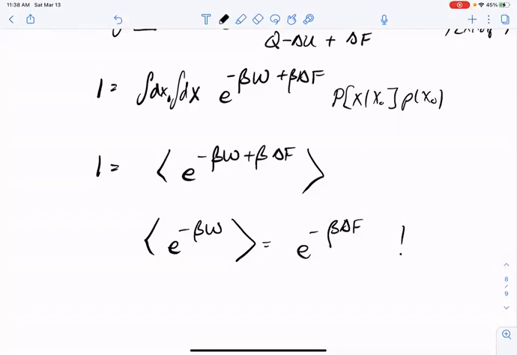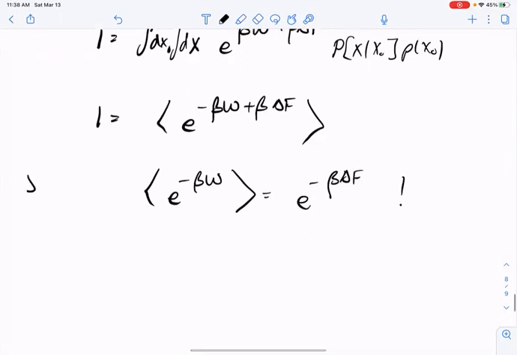Those two equilibrium states have different free energies, delta f. But if I measure the work that I do over the course of that transition in the right way, namely with an exponential of minus beta that work, I will recover the equilibrium free energy difference. This is what's known as the Jarzynski equality.